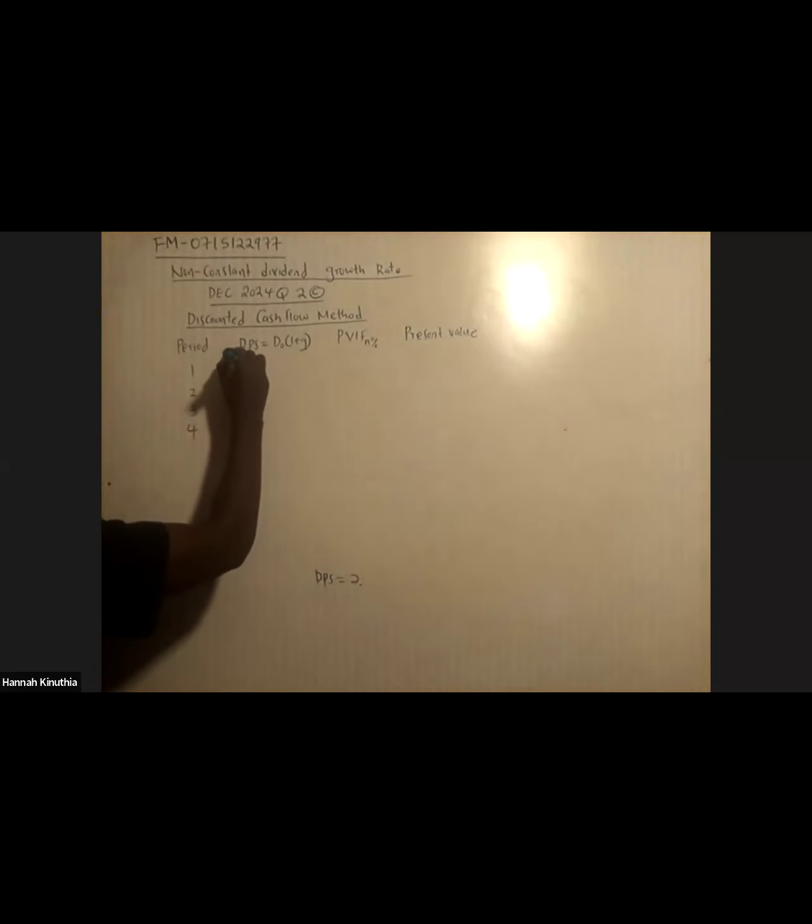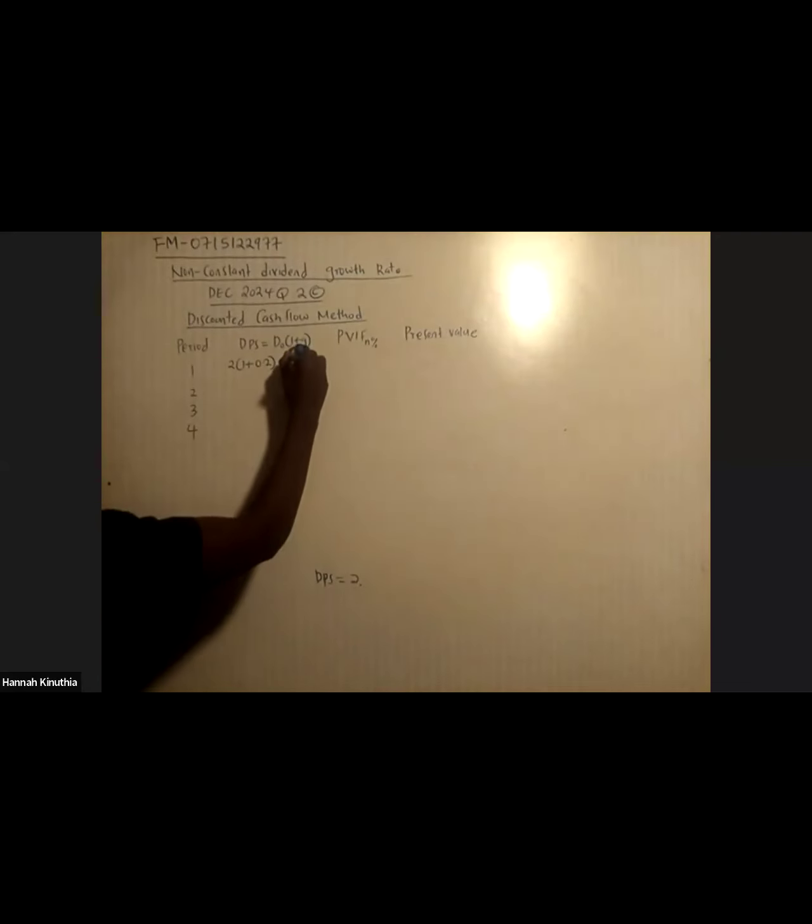For the first 4 years, it will increase at a rate of 20%, 0.2. So year 1: 2 times (1 plus 0.2), which is 2.4.